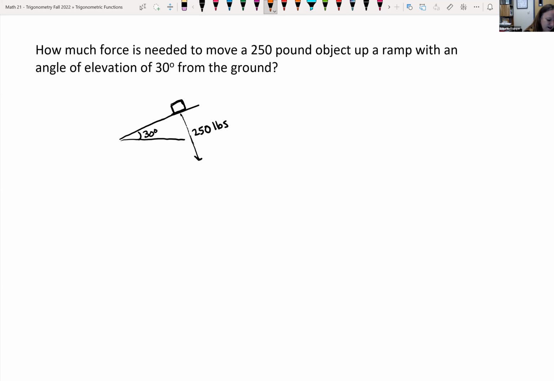This angle in here is always going to be right. And it's not to scale.